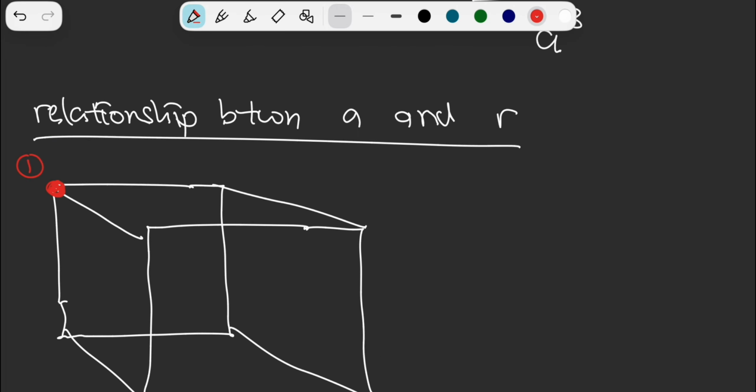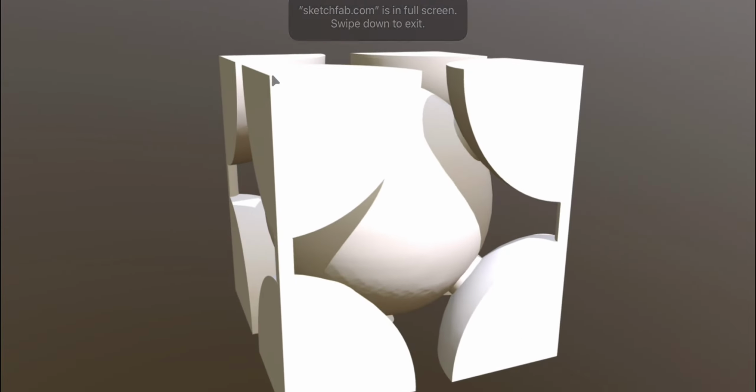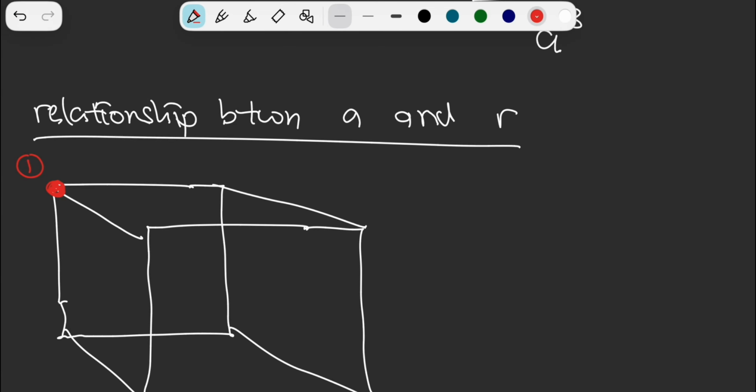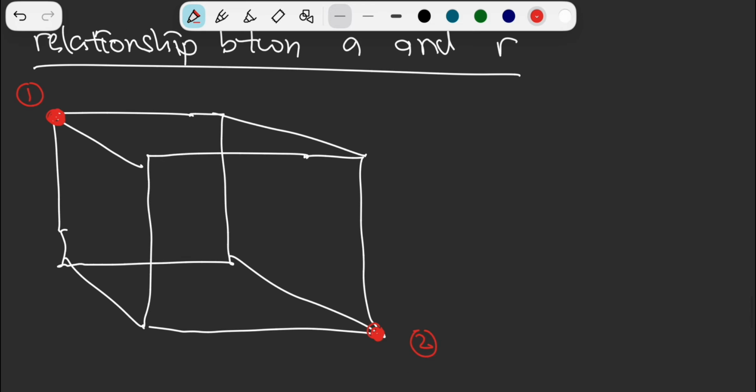If this is atom number 1, remember that this corner runs through the center and touches this other corner on the opposite end. So it's going to touch this corner over here on side number 2. So how can we get from 1 to 2? You can go here, then here, then here, then arrive there.